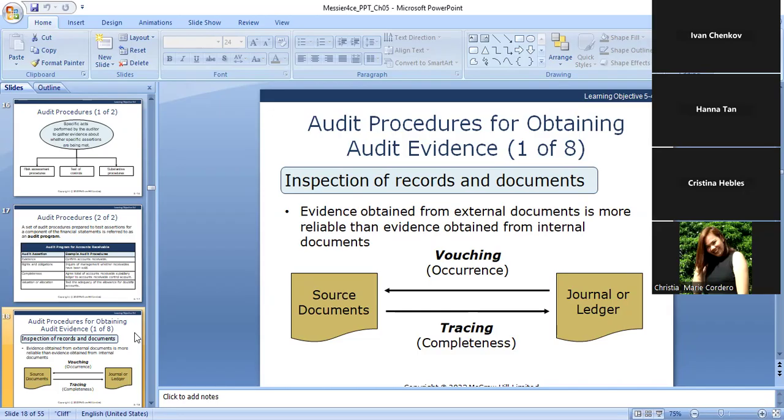Now, if you want to test completeness, you're choosing the source document and linking it to the journal ledger. That technique is called tracing.